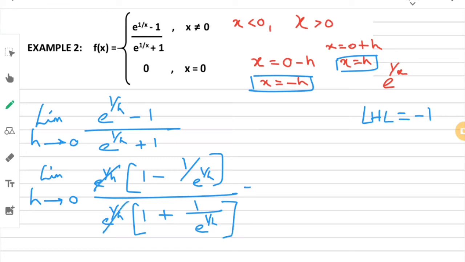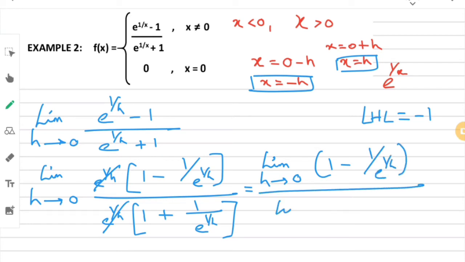In the next step, I am going to split the limit for the numerator as well as for the denominator. So limit h tends to 0, 1 minus 1 by e power 1 by h, divided by limit h tends to 0, 1 plus 1 by e power 1 by h.